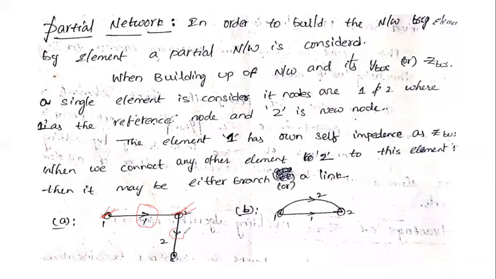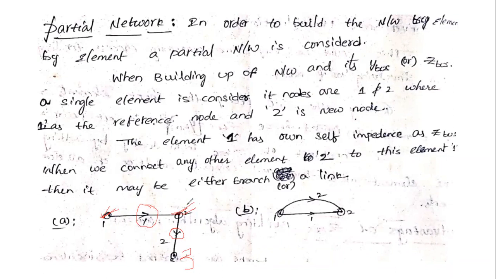Element 2 is added for a new bus, a new node. This is the new node 2, and another node is considered as node 3. Element 2 is added between nodes 2 and 3.